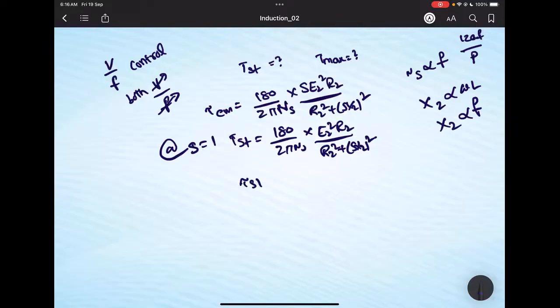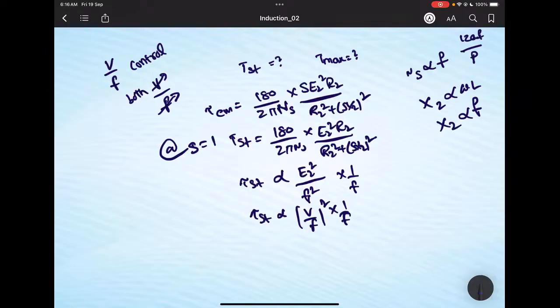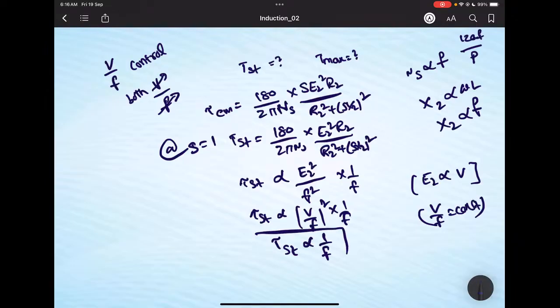Then the starting torque can be written as E2 square divided by F square into 1 by F. So this can be written as V by F whole square into 1 by F, since E2 is directly proportional to the supply voltage V. Now as V by F is constant, the starting torque is inversely proportional to F. This is the starting torque relation with respect to frequency.